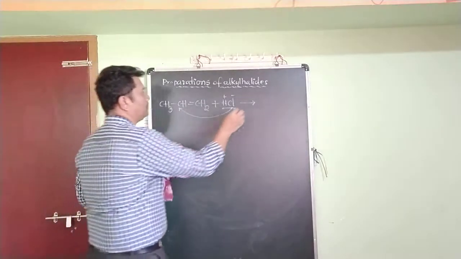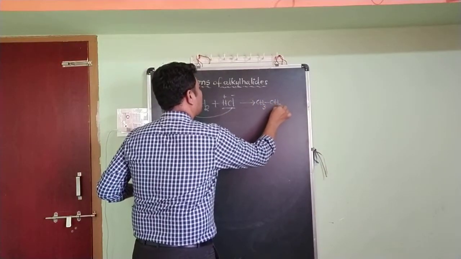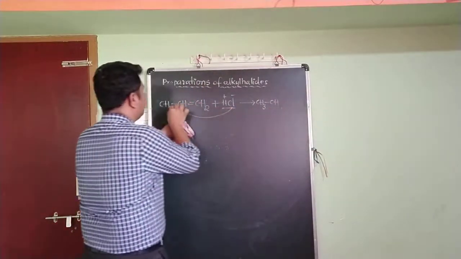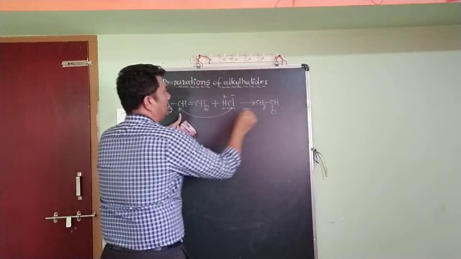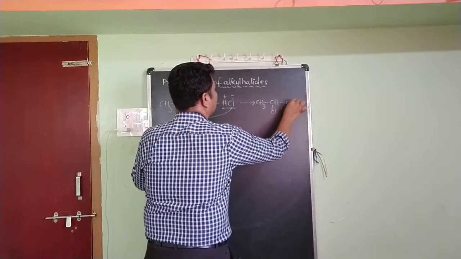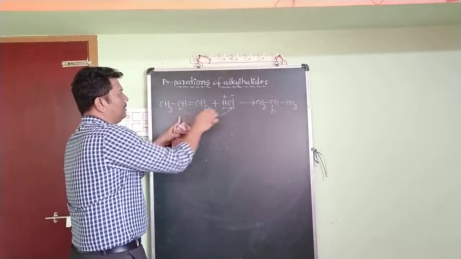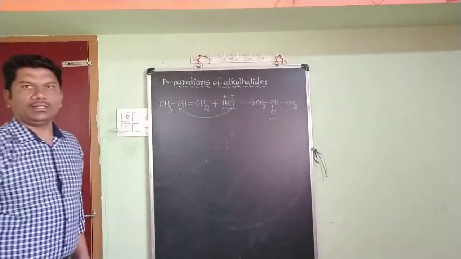Therefore, it will become CH3, CH2, sorry, CH3 CH. Here it is Cl, and it will become CH3 now. One more H is there. Cl here and H here. And this is your alkyl halide.